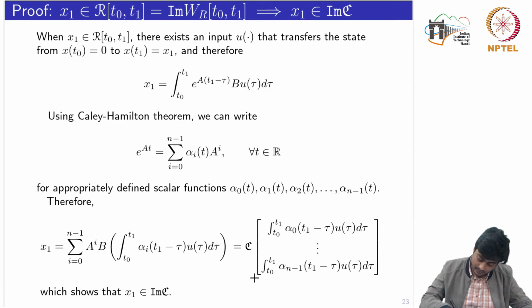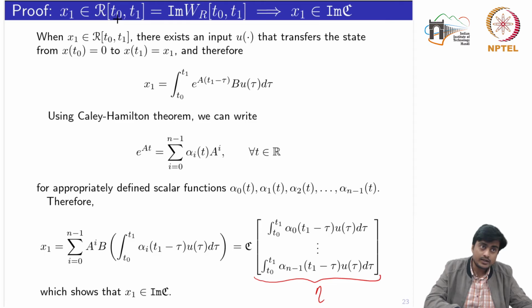Now if I represent this as some vector eta, we have x1 equal to some matrix times eta, which means that x1 belongs to the image of the controllability matrix. So starting from x1 belonging to the reachable subspace, we have shown that x1 also belongs to the image of the controllability matrix, right?